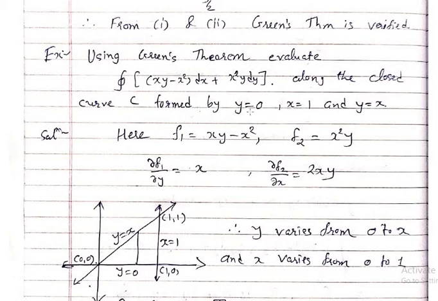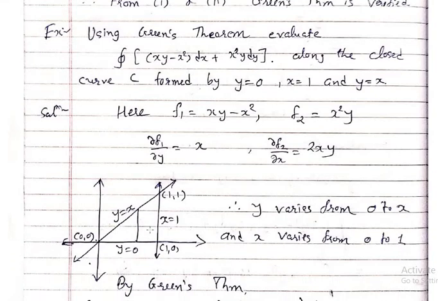Now the curve C is bounded by the line y equal to 0, that is the x-axis, x equal to 1, which is a vertical line, and y equal to x, which is a line having angle 45. So we have this closed curve bounded by these three straight lines.